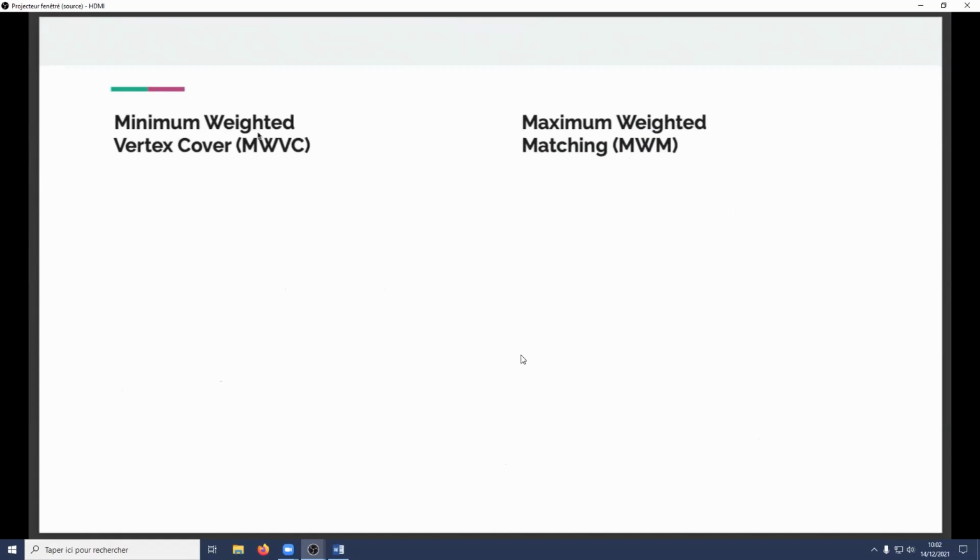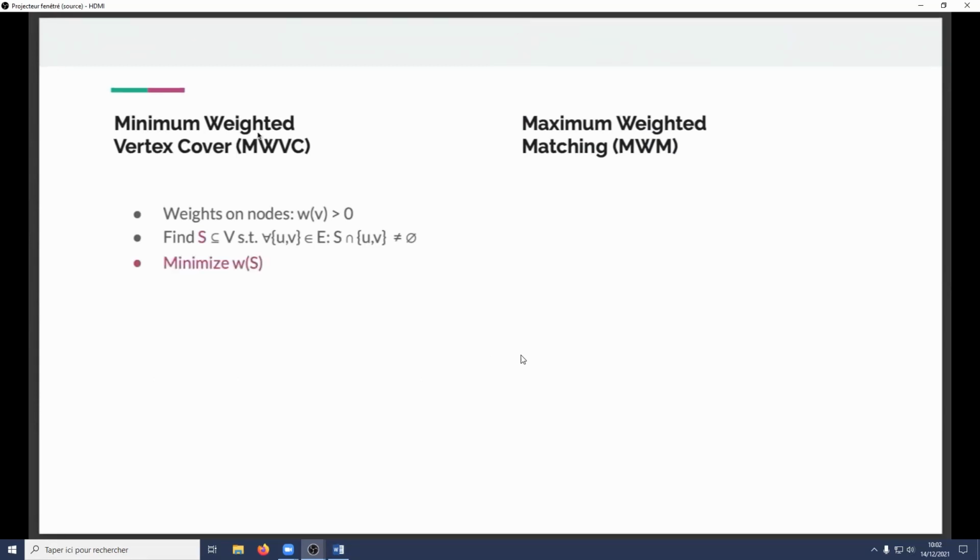All right, so let me shortly introduce the problems we handled in the paper. The first is the minimum weight vertex cover. Here we have weights on the nodes, and the goal is to find a vertex cover, which is a subset of the nodes of the graph, such that each edge of the graph has at least one endpoint in the vertex cover.